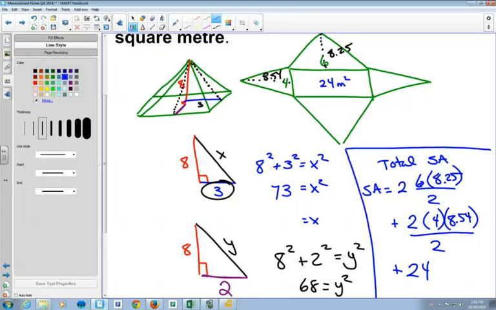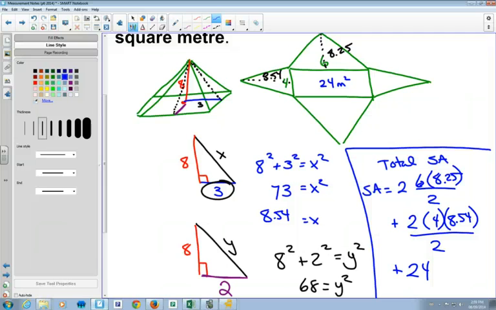Are you okay with those numbers there? They make sense what I did? Why is 8.54 on the side with the 4? Well, I made sure, because this is the one where the 8.54 was found, right? Okay, so I need to go back and think of my 3-dimensional image and think of my net at the same time.